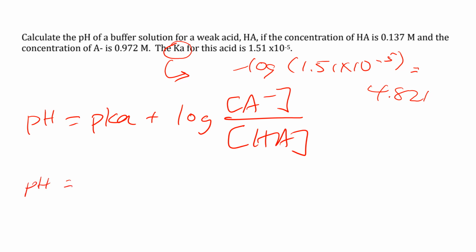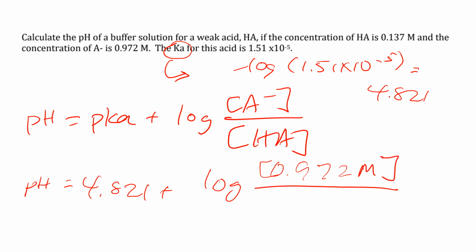So it's already a buffer solution with the following concentrations, so that makes it easier on us. We don't have to worry about figuring out the concentrations at the end. So then it's going to be 4.821 plus the log of the 0.972 molar concentration over the 0.137 molar concentration.